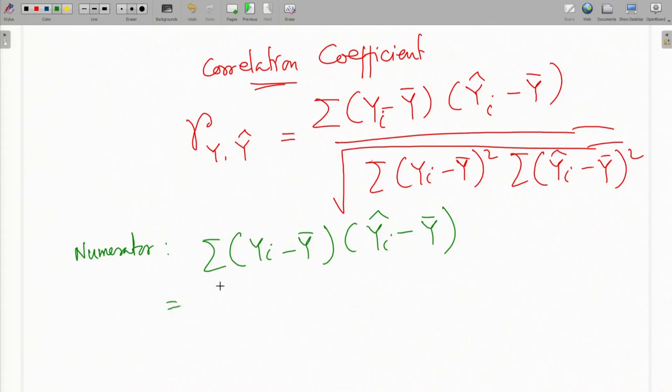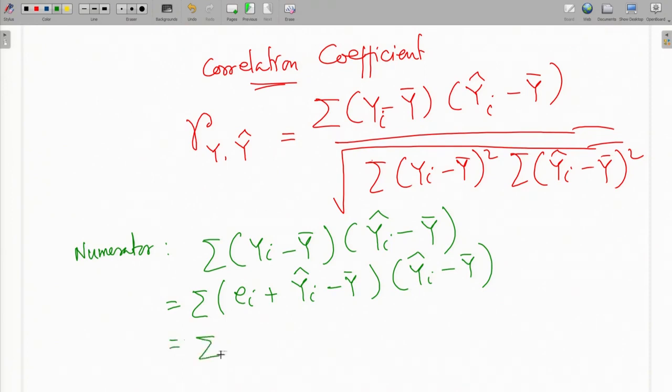So, the first part is nothing but ei plus (yi hat minus y bar), and then it is multiplied by (yi hat minus y bar). All right. Now, if I work on this, it will be summation ei (yi hat minus y bar) plus summation (yi hat minus y bar) whole square.